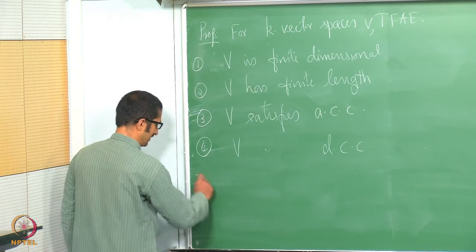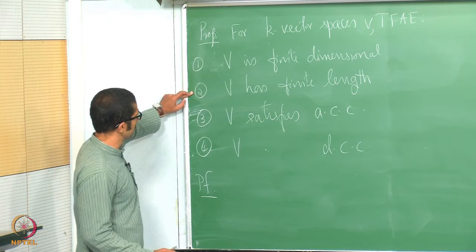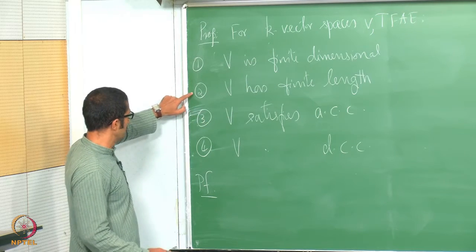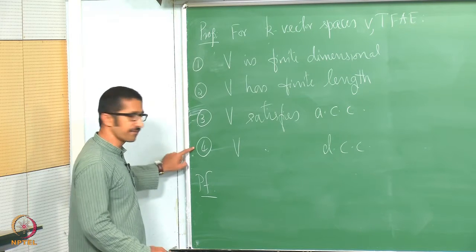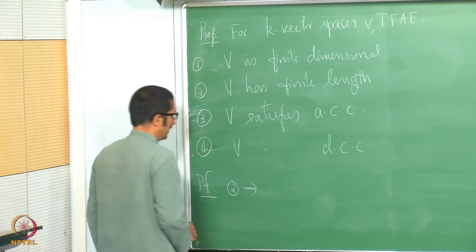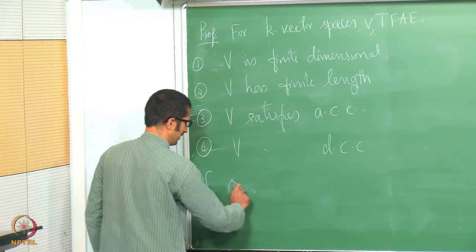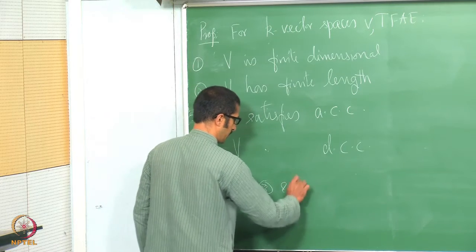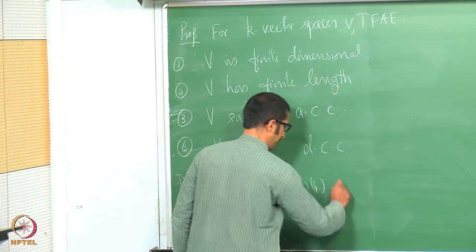If V has finite length, we are talking about V as a module over K. 2 if and only if 3, and 2 if and only if 4 we already know. 1 if and only if 3, and 1 if and only if 4 directly follows from linear algebra.